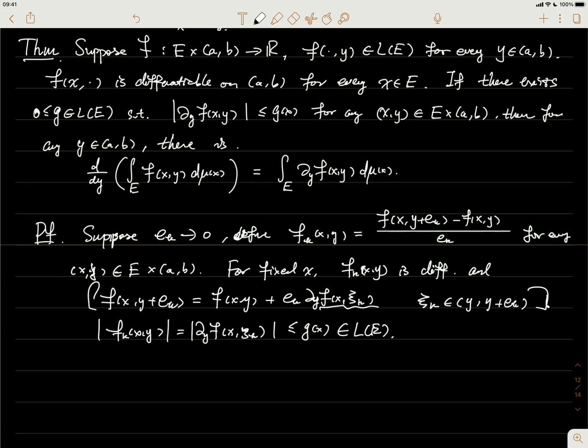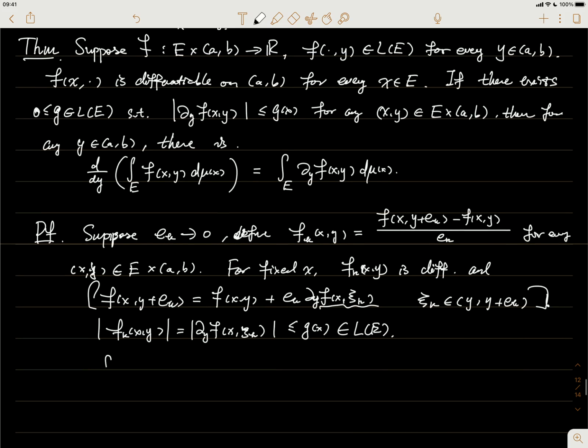partial derivative, we take the integral of this. We know that the f_k converge to the partial derivative of f evaluated at x and y, right?